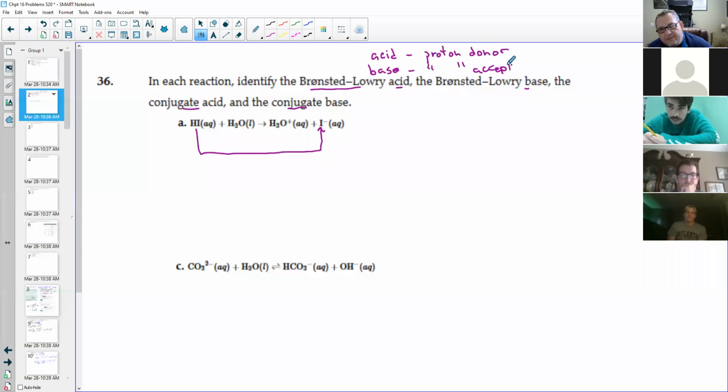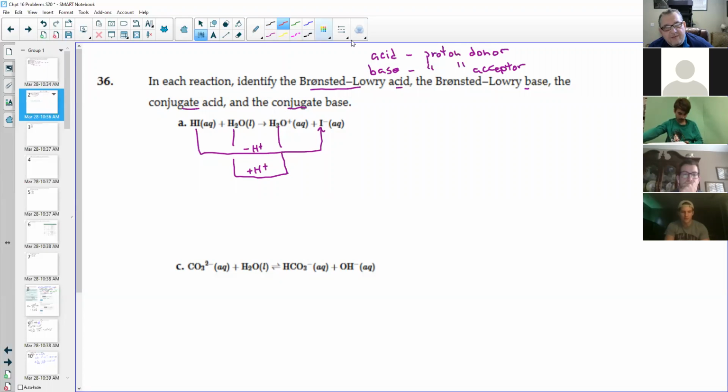And then on the opposite side, it forms the conjugates. Going from HI to I minus, it does that by losing a proton. And going from water to H3O plus, it does that by gaining the proton.